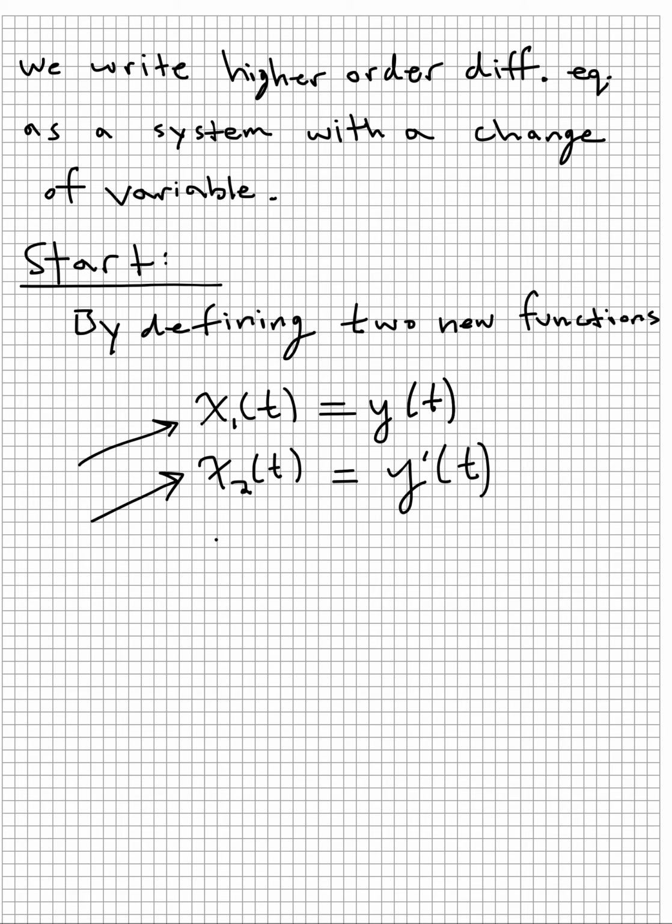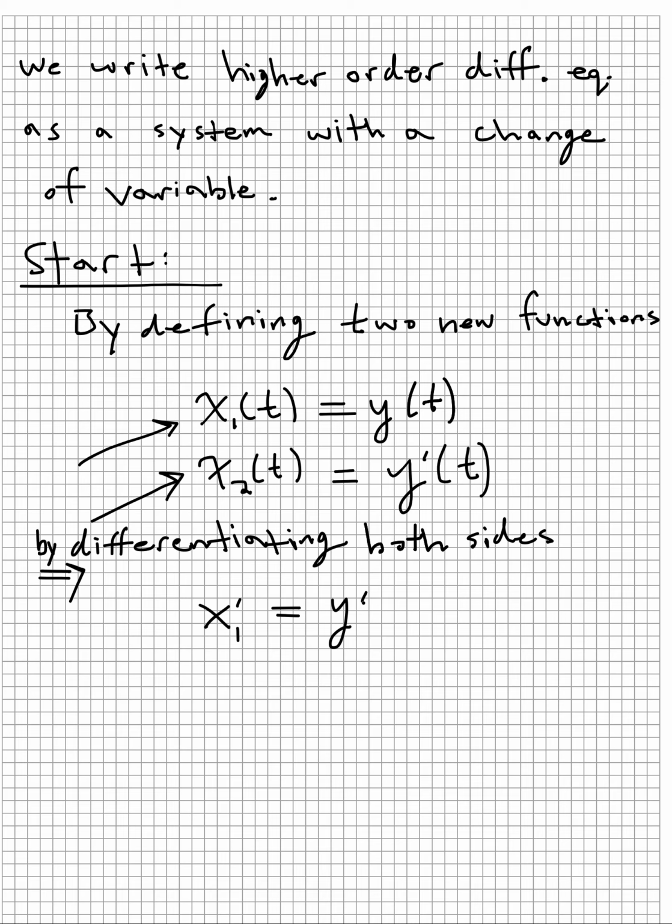So with that stated, notice that if we differentiate both sides of these two equations, this is what we obtain. By differentiation, or differentiating both sides, we get x1 prime equals y prime.